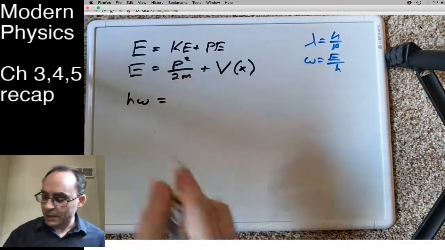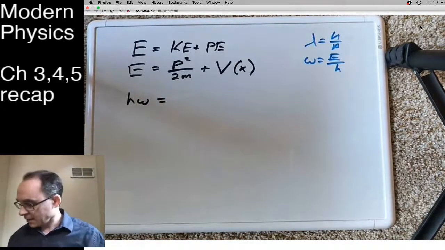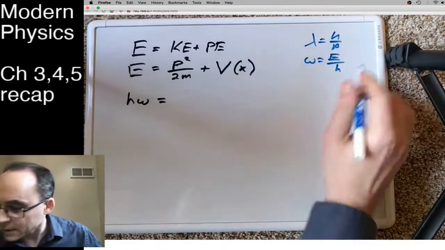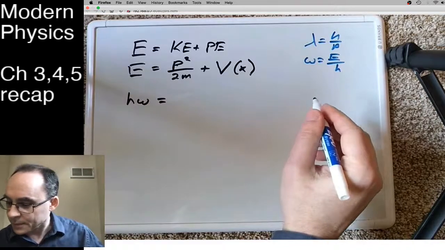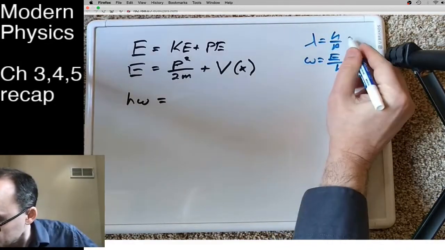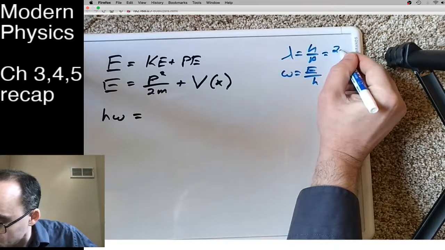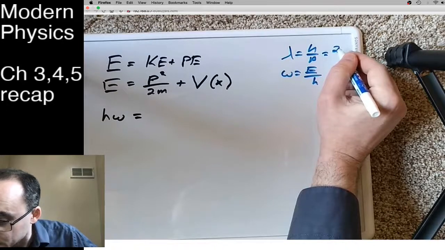Where I have p squared, I don't want to use wavelength, I want to use wave number instead. Remember that the wave number k is 2 pi over lambda.